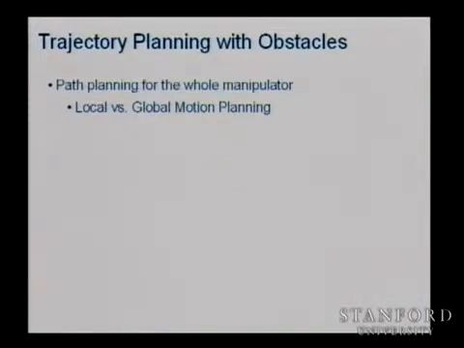So typically you do some sort of combination of global and local motion planning. You use global motion planning when you're moving through relatively empty space, and you're not going to be hitting obstacles. And then when you get to the place where it's more cluttered with obstacles, you switch to a local, more precise motion planning for the end effector only. So that's one type of planning.